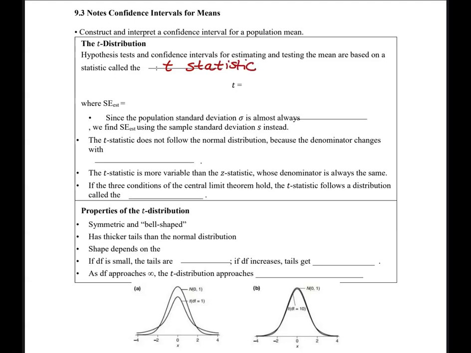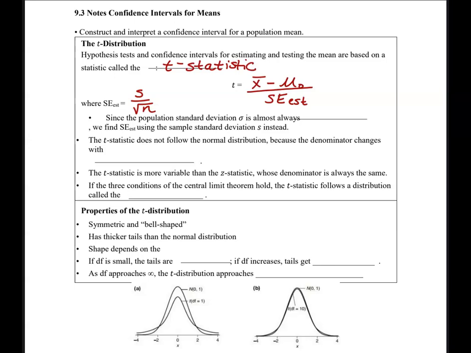Kind of like the z-score, we could call it a t-score if we want, but the formula to calculate this t-value would be x bar minus the population mu, whatever we would expect it to be, divided by the standard error that we might have to estimate. So the estimated standard error, instead of using sigma, if we don't know what sigma is, we can estimate it using s. So s divided by the square root of n.